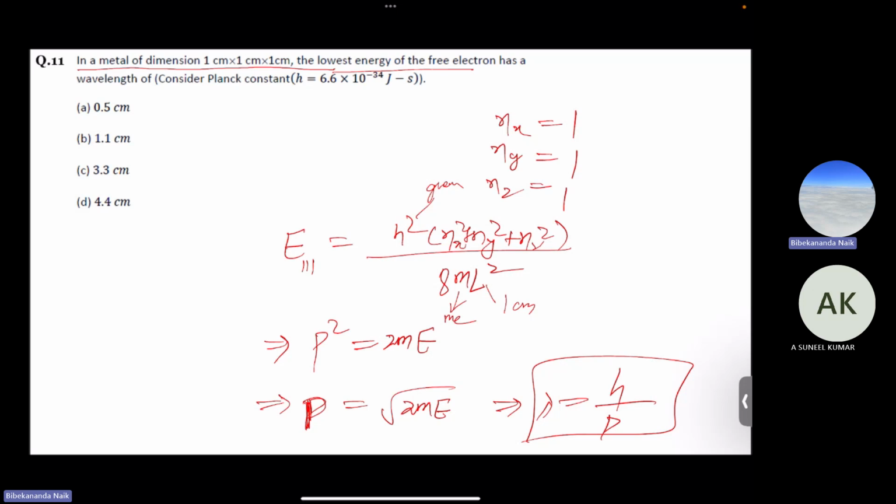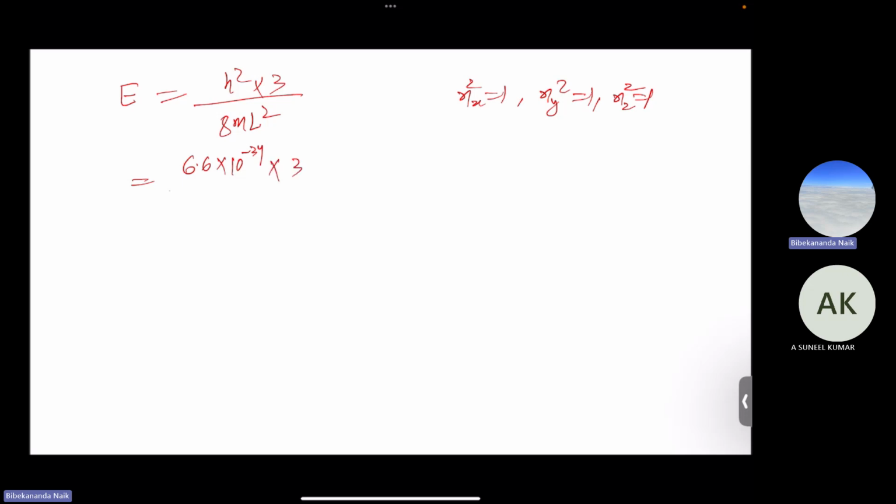So the value of E will be h square into 3 divided by 8 m L square, because nx equals 1, ny equals 1, and nz equals 1. It will be 6.6 into 10 to the power minus 34 into 3 by 8 into 9.1 into 10 to the power minus 31 into 10 to the power minus 4.